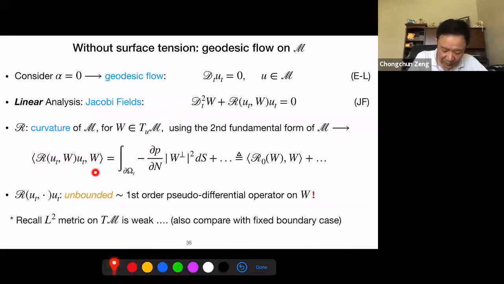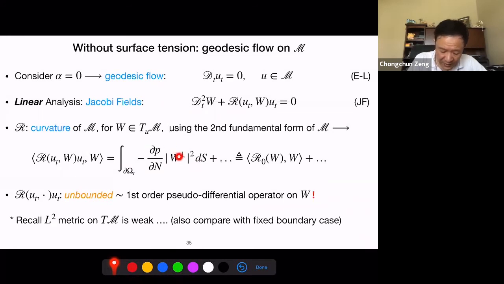And remember, this is symmetric, or you can prove this is actually self-adjoint. Then it turns out to be, this is the leading part, plus the dots, which are bounded terms. These are bounded quadratic forms.